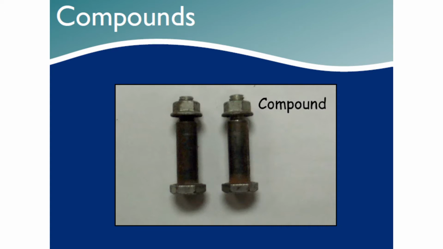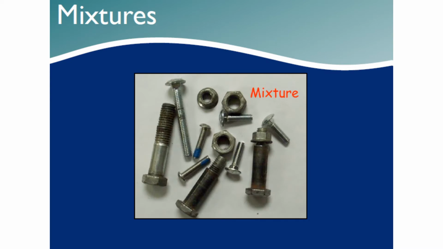A mixture is taking a bunch of different elements and a bunch of different compounds, with different bolts, screws, nuts, different sizes, all mixed together. So you have some elements, some compounds, and different sizes of different elements and different sizes of different compounds.